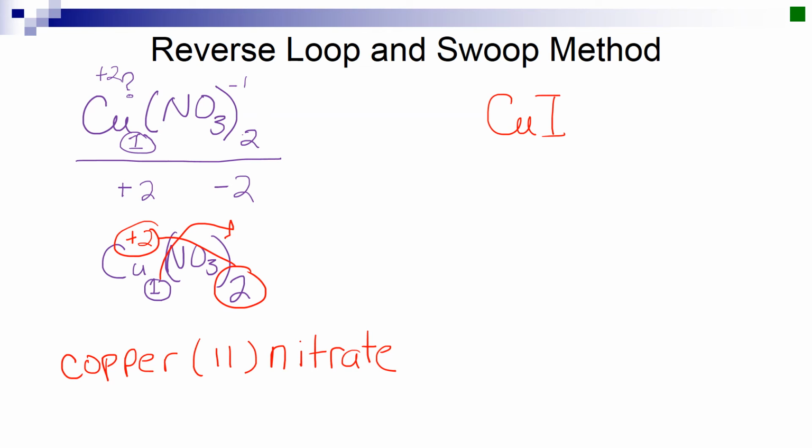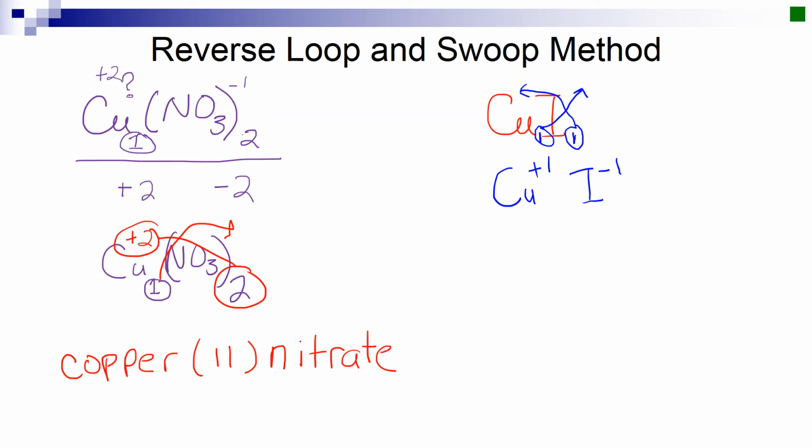CuI, to compare and contrast. Okay. So if we take a look at this one, we have Cu and I, so we can think of there being one of each of these implied here. If we do a reverse loop and swoop, we take your one here, reverse it up, take your one here, swoop it up here, and that would give us copper as a +1, and that would give us iodine, or iodide, as a -1.